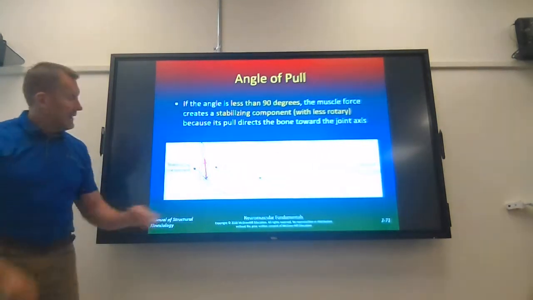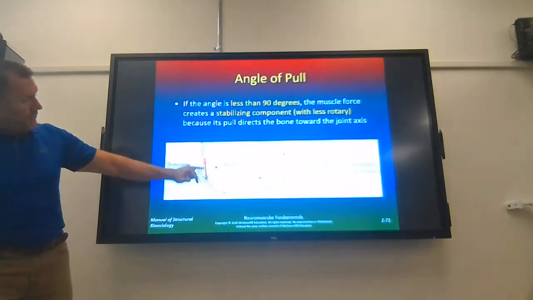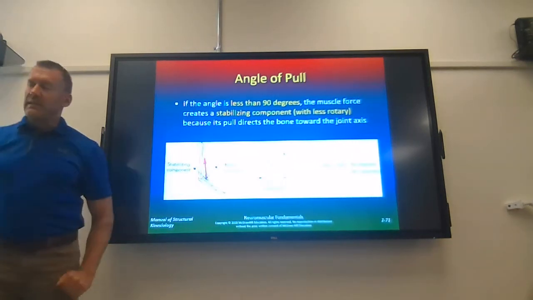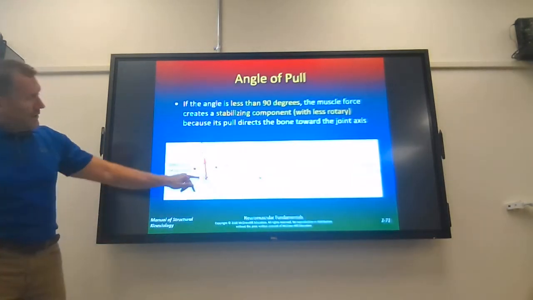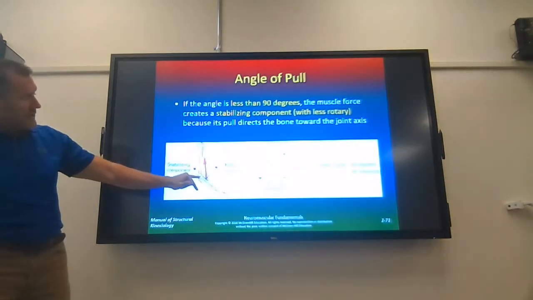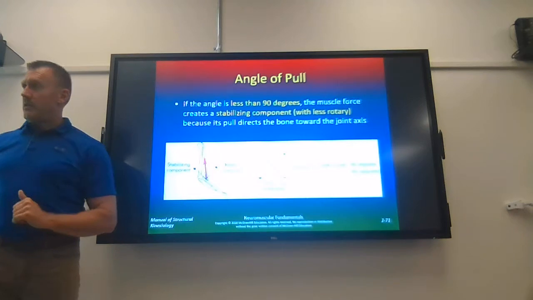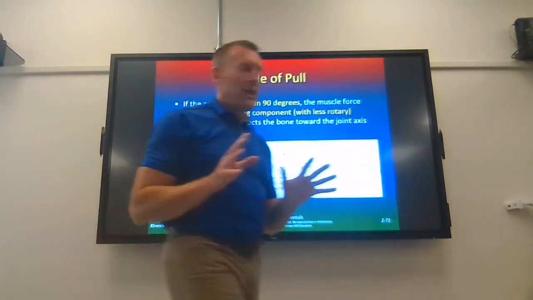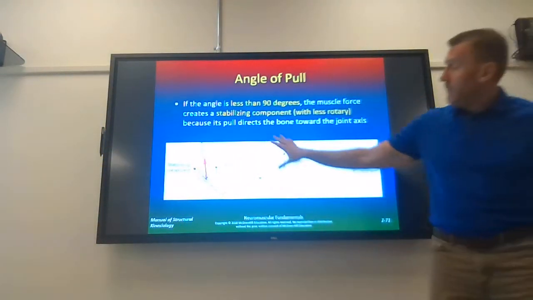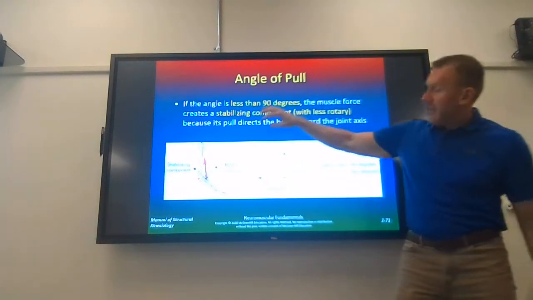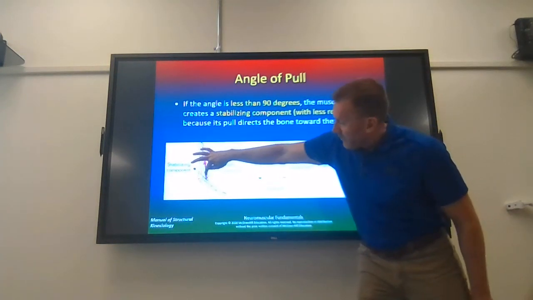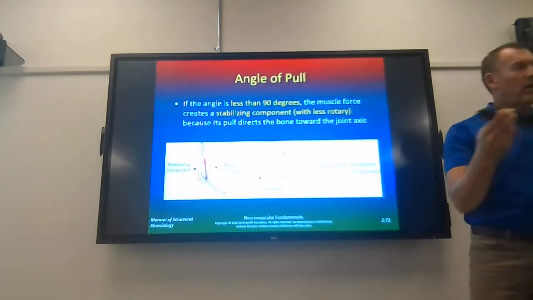So all we're saying is that this muscle, in pulling onto its attachment point, has two parts. It has a part that flexes the elbow and a part that stabilizes the elbow joint. So is everybody clear on how that works? Everybody understand that this is less than 90 degrees because we're looking at this little angle right in here, rather than the arm as a whole.